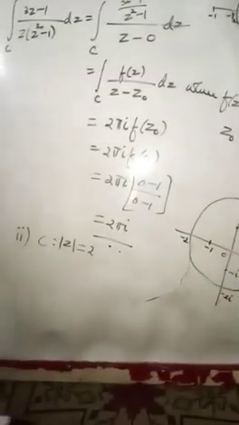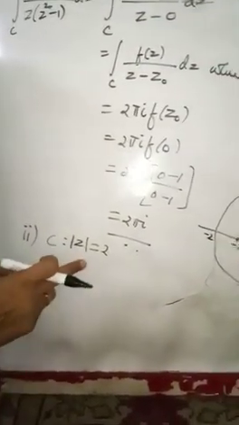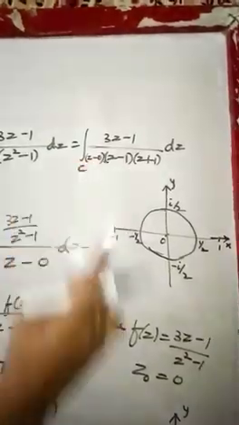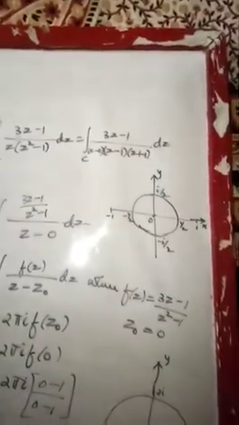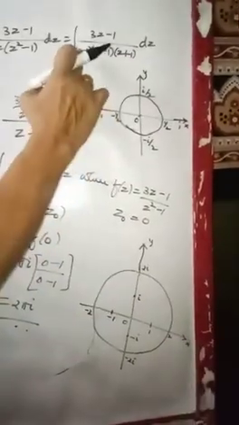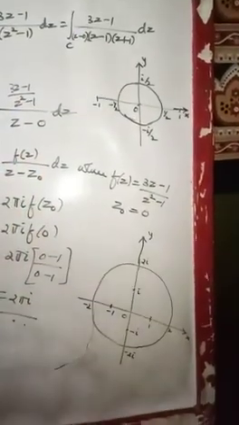Okay. Now for this circle, mod z equal to 2, 0, 1, minus 1 all lie inside the given circle, isn't it? All the three z naught lie inside the given circle.